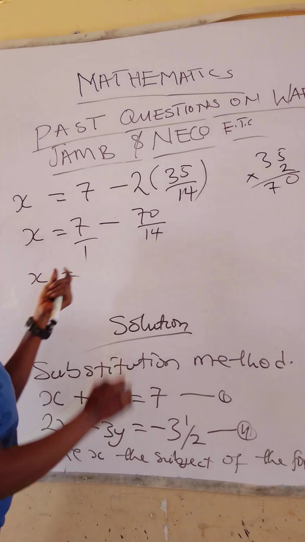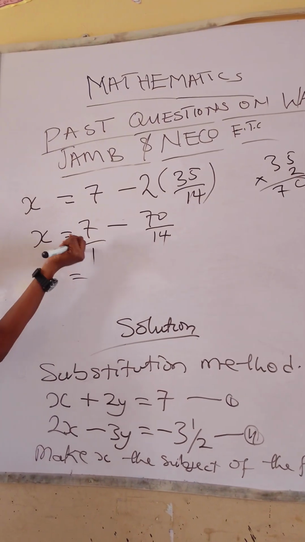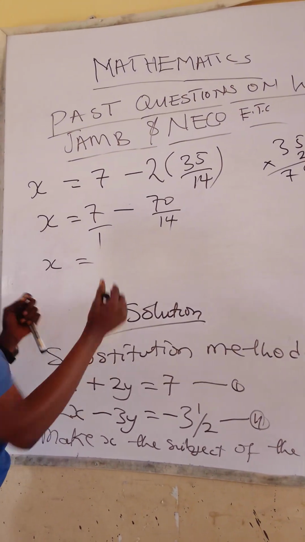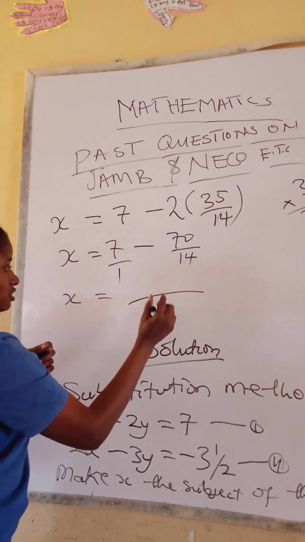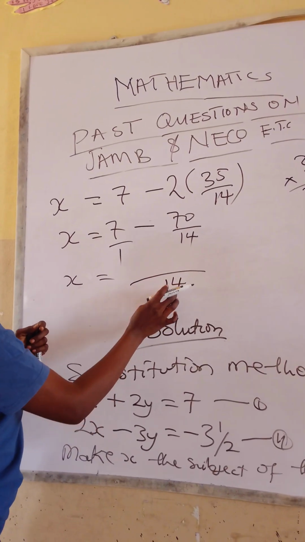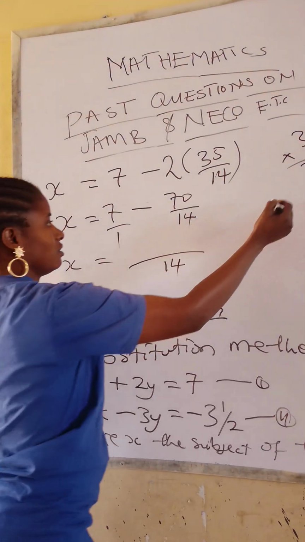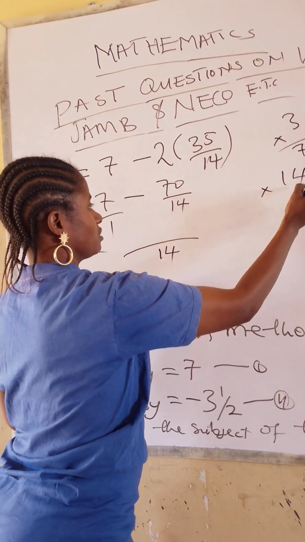Just like I said, you always support everything by 1 if that number is standing on its own. You make 14 the LCM. This into this is 14, 14 times 7.